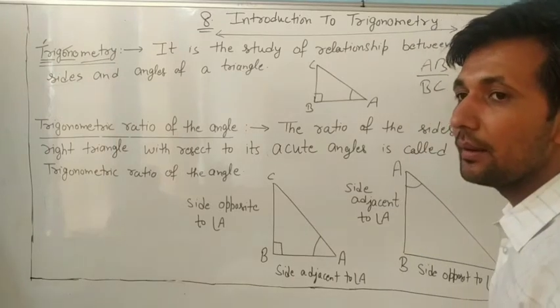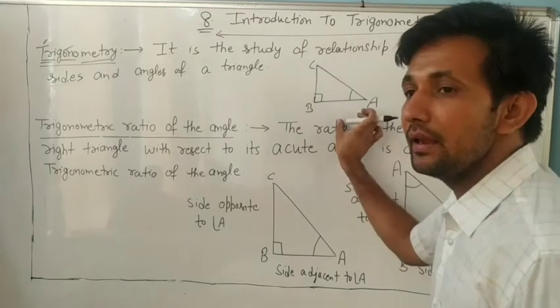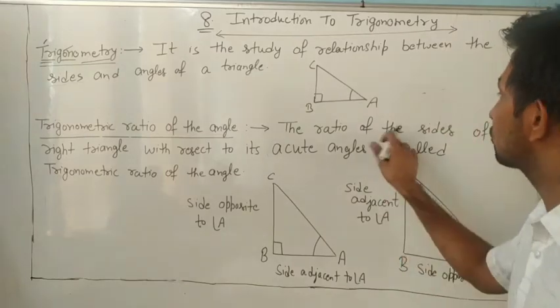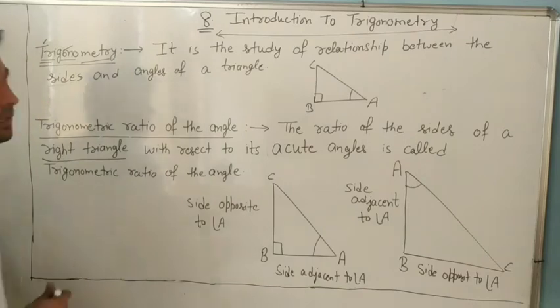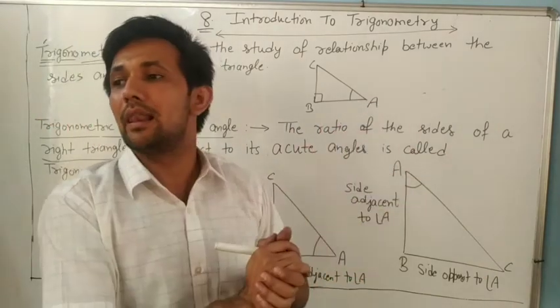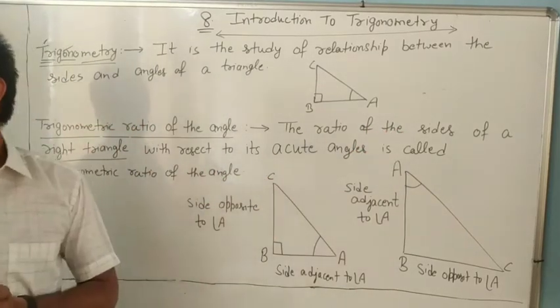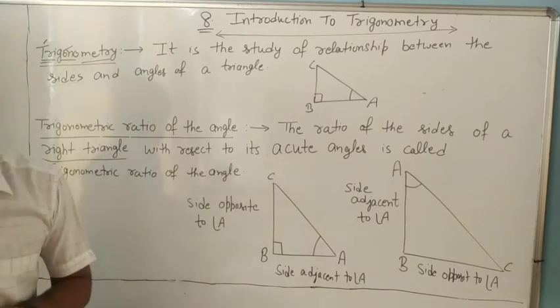AB to BC, maybe AC to AB, maybe AB to AC, like this. So the ratios of the sides of a right triangle with respect to its angle are called the trigonometric ratios of the angle.